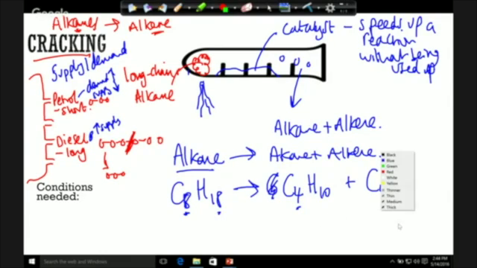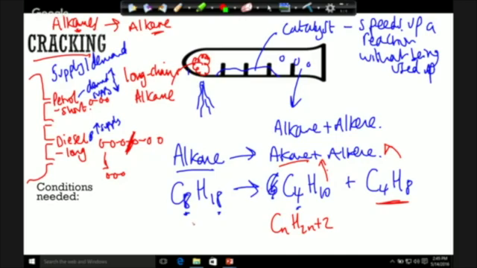Now this molecule here, and we'll discuss why in a minute, is called an alkene, and this molecule is an alkane. This molecule follows that general formula for an alkane, which is CnH2n plus 2, as does this one, this longer chain here. Our general formula is there.